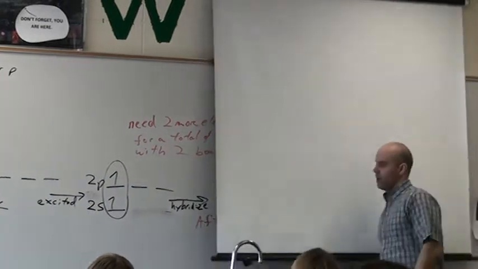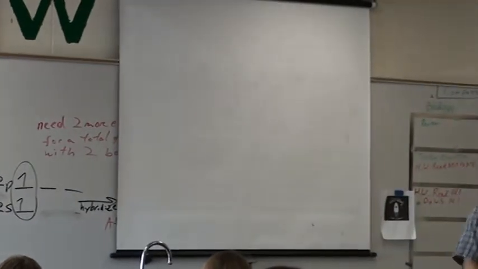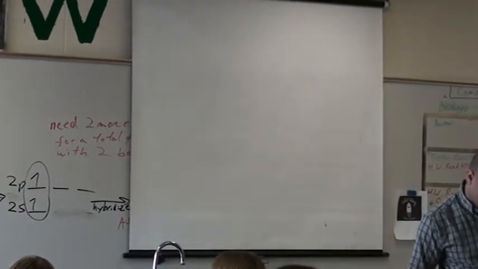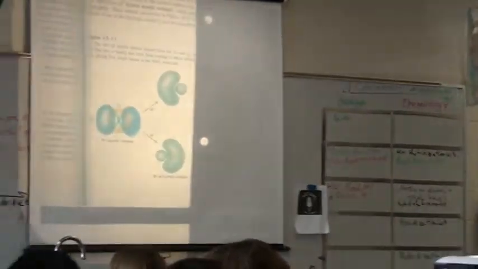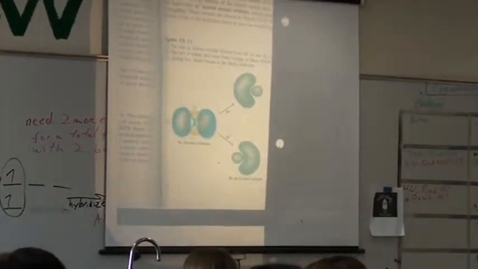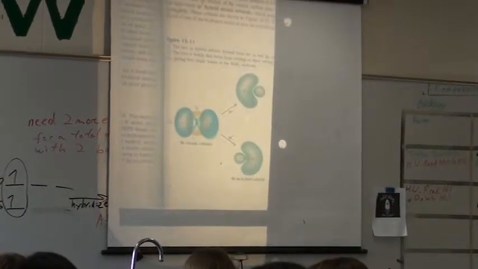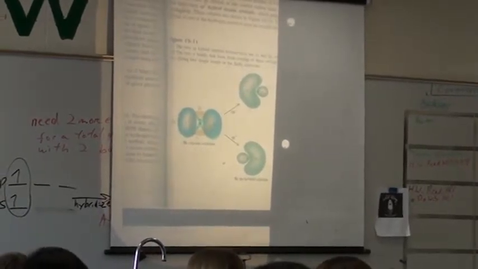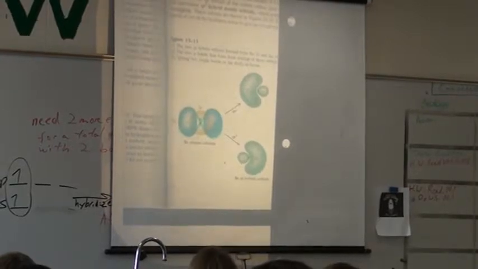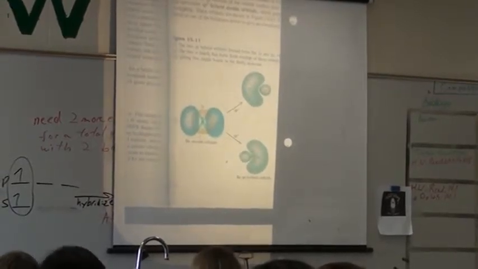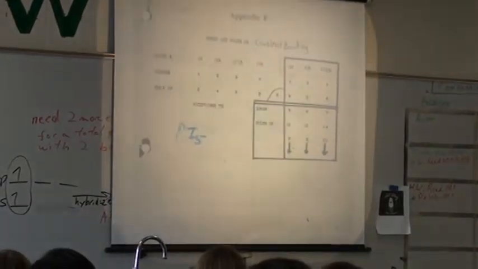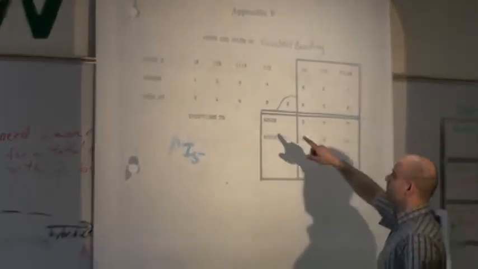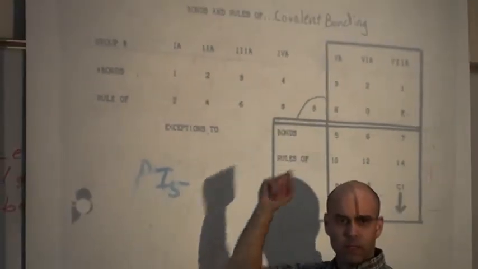And if we look at Appendix F, what does the beryllium family like to do? It likes to have a total of 4 electrons with 2 bonds.